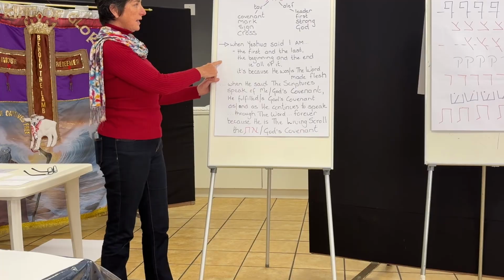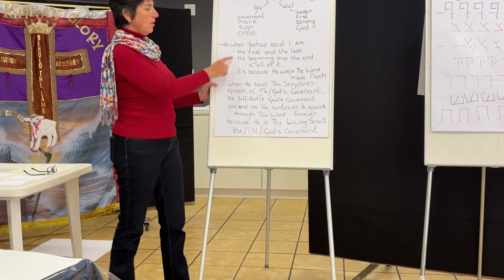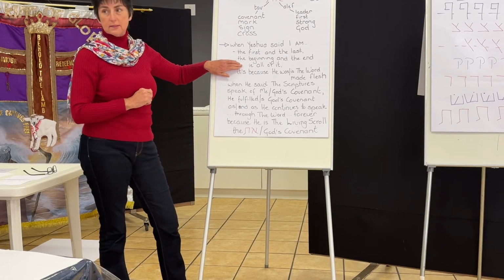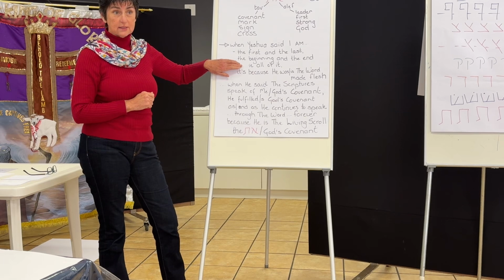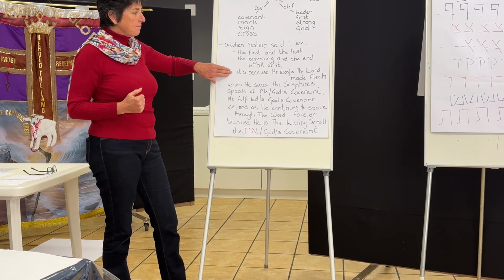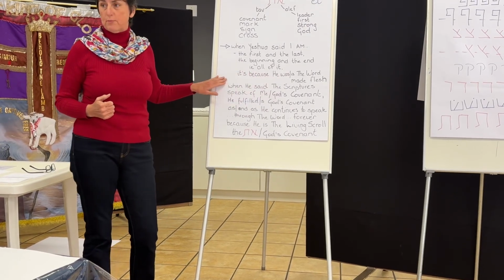So we could read it as, when Yeshua said, I am the first and the last, the beginning and the end, in other words, all of it, from the beginning to the end. It's because He was and is the Word made flesh.